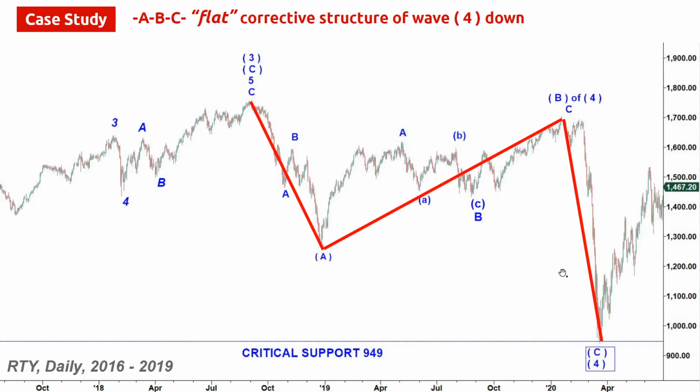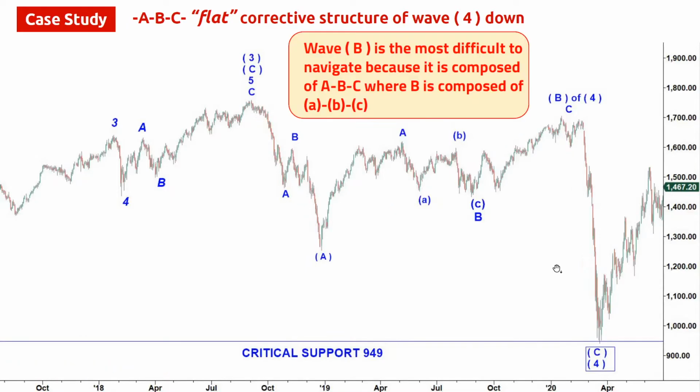So let's talk about that specific fractal in more details. In any ABC structure, wave B is the most difficult to navigate because it is composed of ABC, look, A, B, and C. But the trick is that B of 1 degree lower is itself ABC pattern.